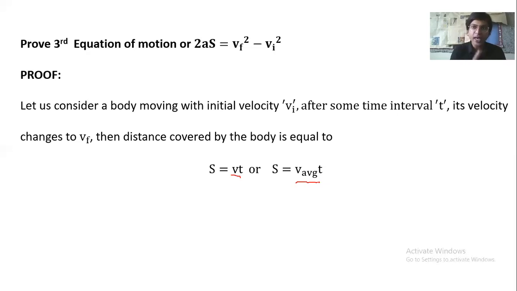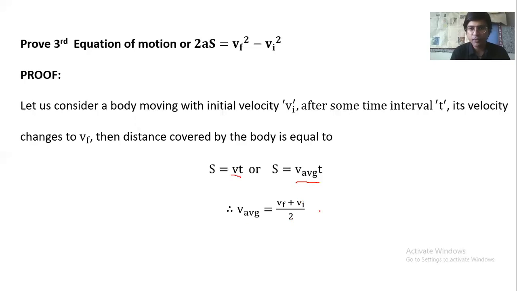If Vi is written, it means they are specifically defining it as initial velocity. If Vf is written, it means they are specifically defining it as final velocity. But if a simple V is written, it means they are talking about average velocity. Now we will use the formula for the average velocity, which is Vf plus Vi upon 2.